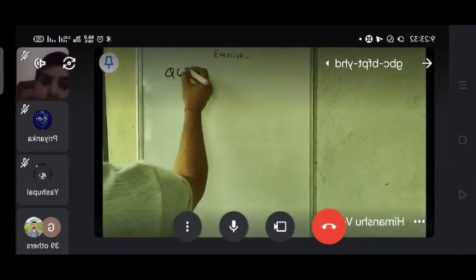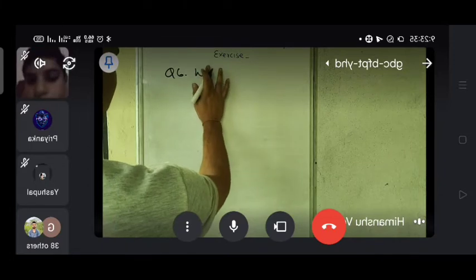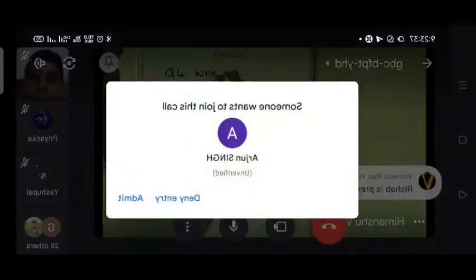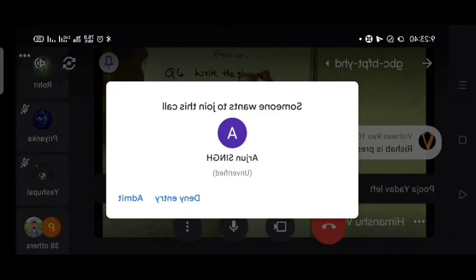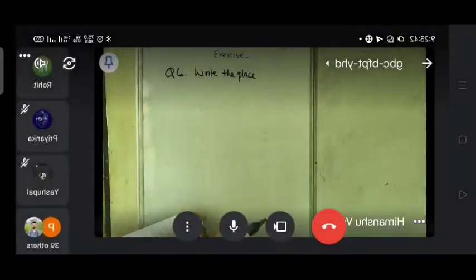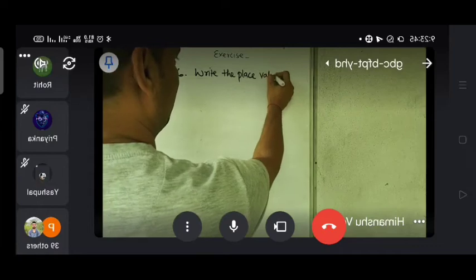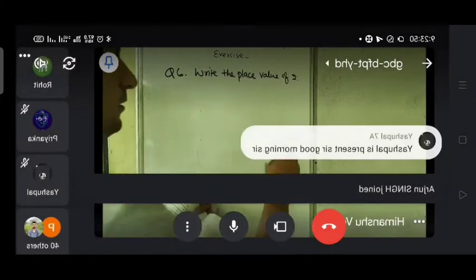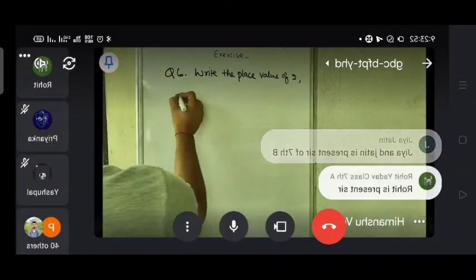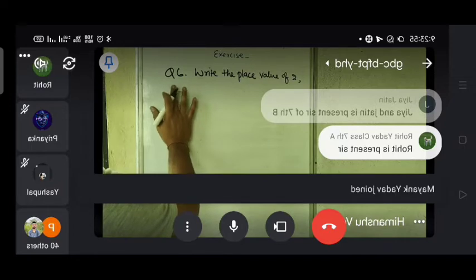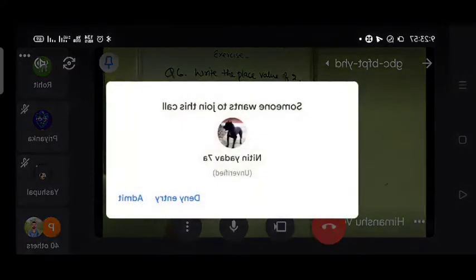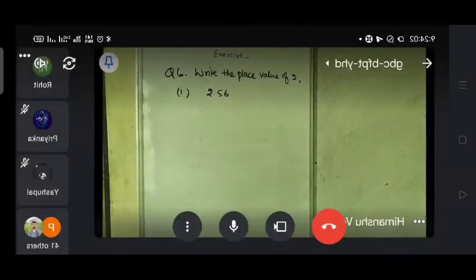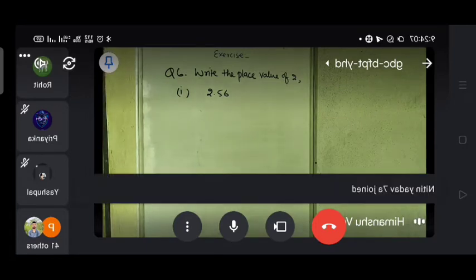In part number 1, the number is 2.56. What is the place value of 2 in the following decimal number?